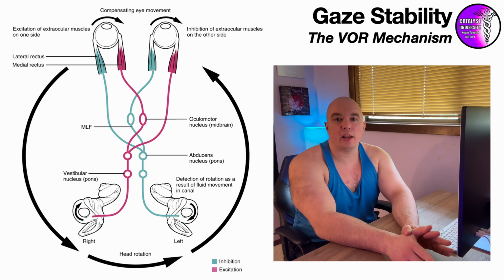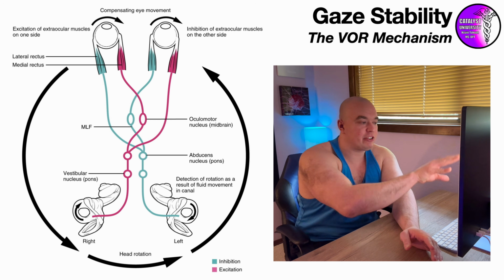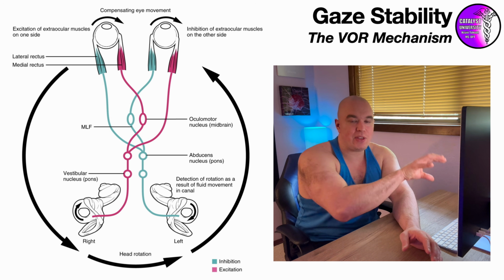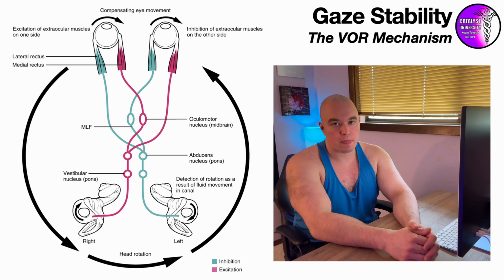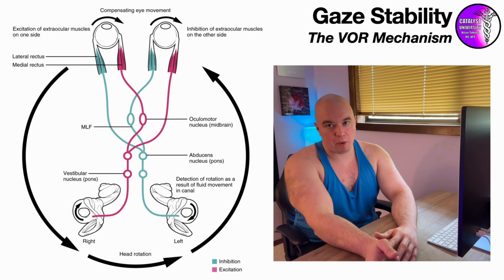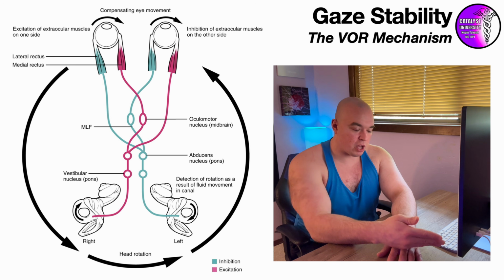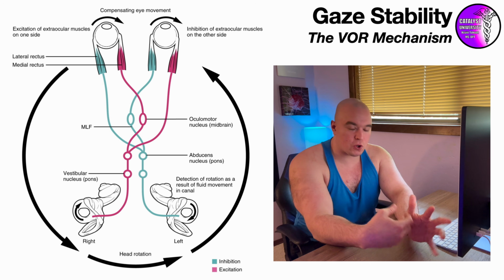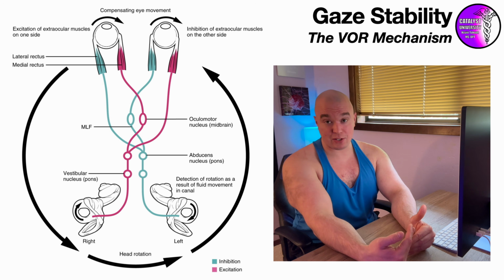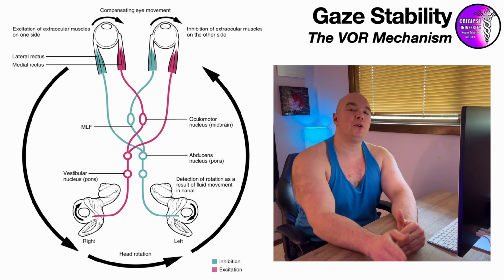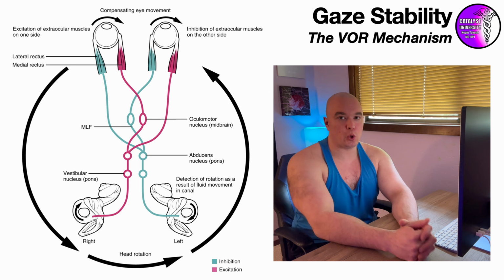The whole idea here is that through detection of movement of fluid in the canals in the inner ear, one vestibular apparatus gets inhibited. That's on the side you're rotating your head toward. The other one gets excited, and you have certain patterns of extraocular eye muscles that activate to keep your gaze focused on a single point.